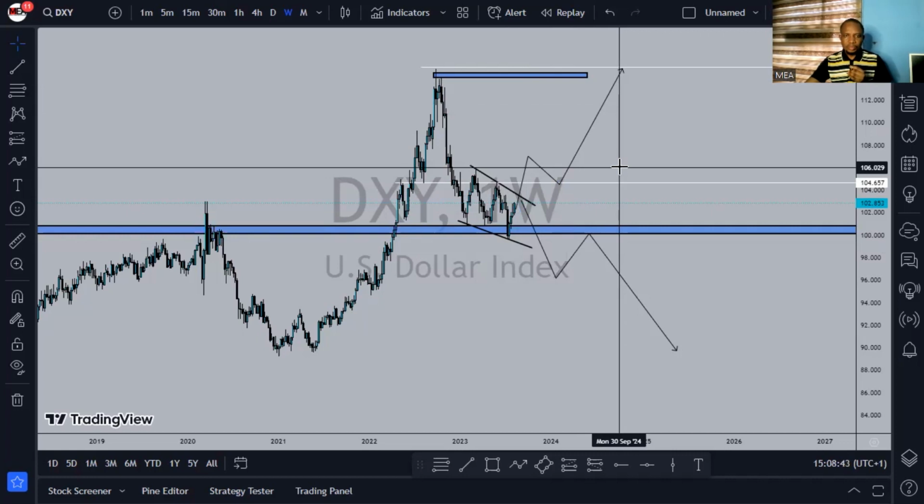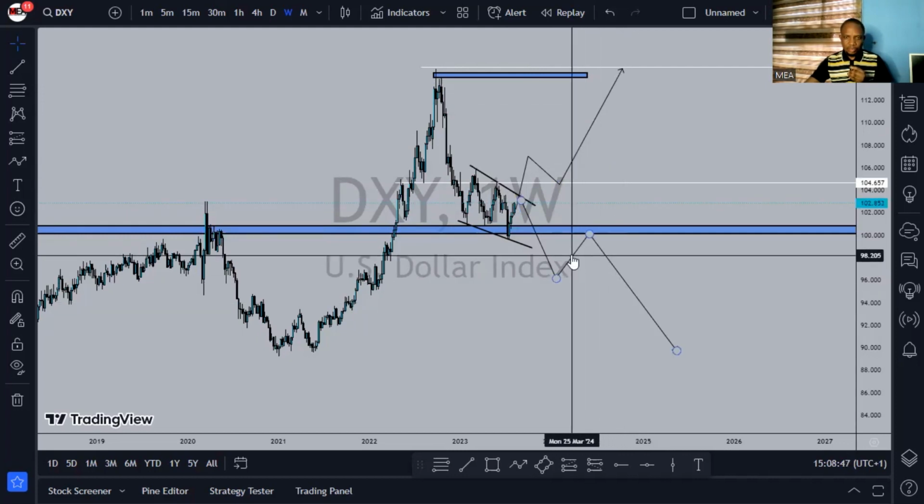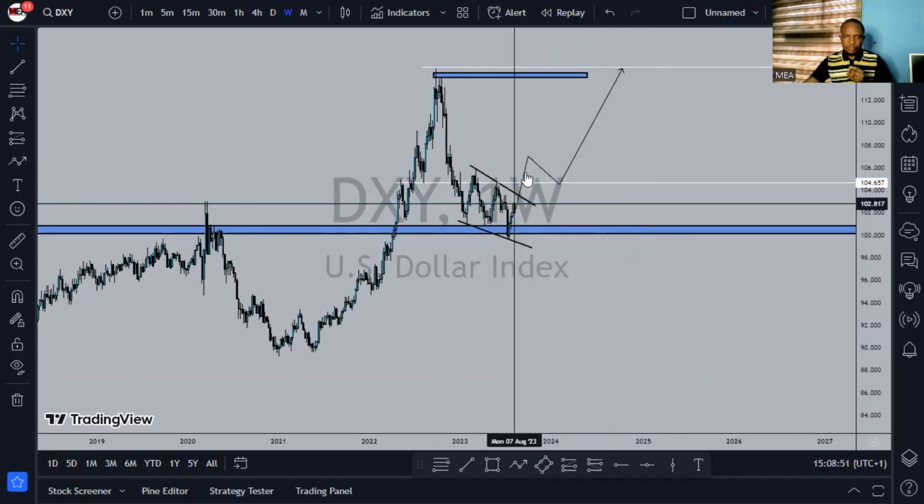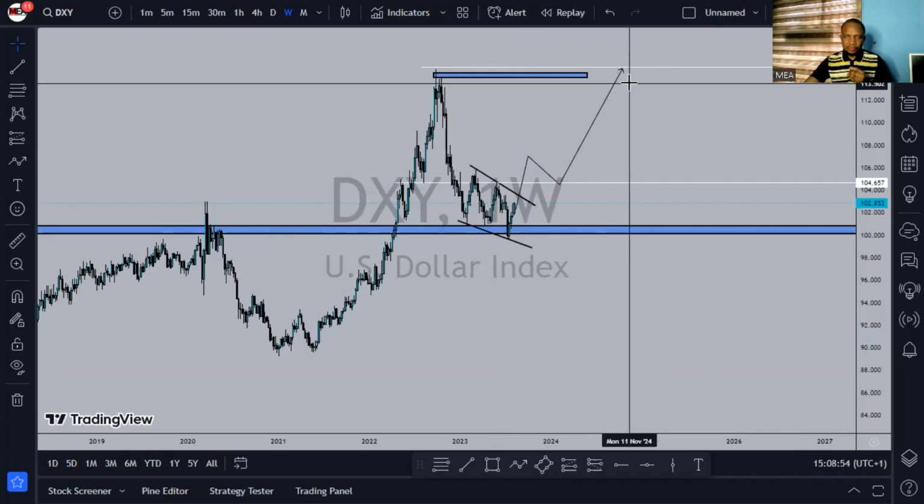Fundamentals. So that's the thing. This is what we are anticipating. What is the possible move we are expecting in the next 4 or 5 months?